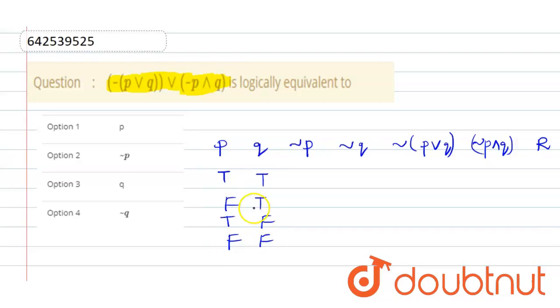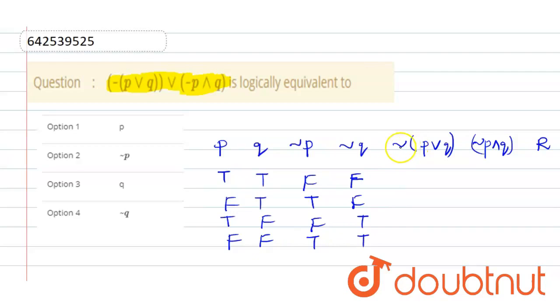Negation of P, that is false here. Negation of P, that is true here. Negation of true, here we get false. Negation of P, that is true here. Negation of Q, that is false here. Negation of true, here we get false. Negation of P, that is true. Negation of F, that is true here.